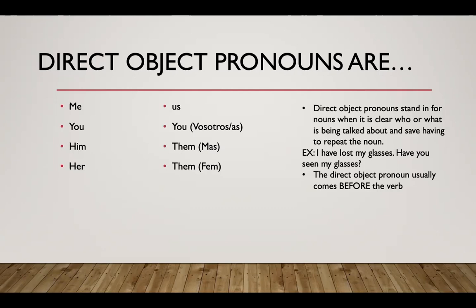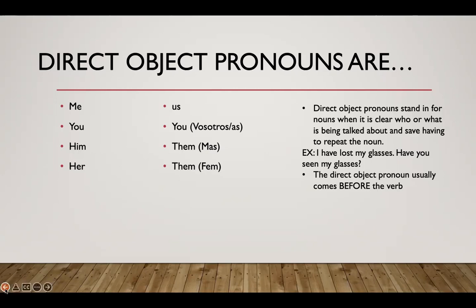And it's just an easier way for it to be simplified so that it's not over redundant. The direct object pronoun usually comes before the verb. There are other special cases where this isn't the case, but 9 out of 10 times the direct object pronoun comes before the verb.